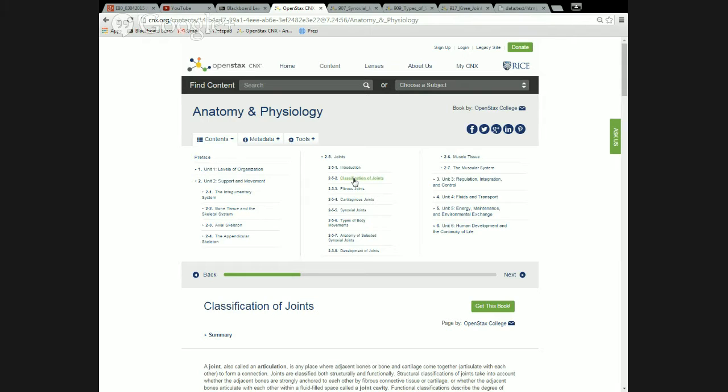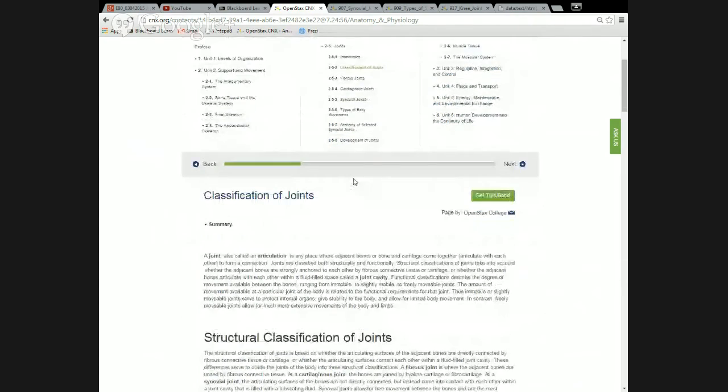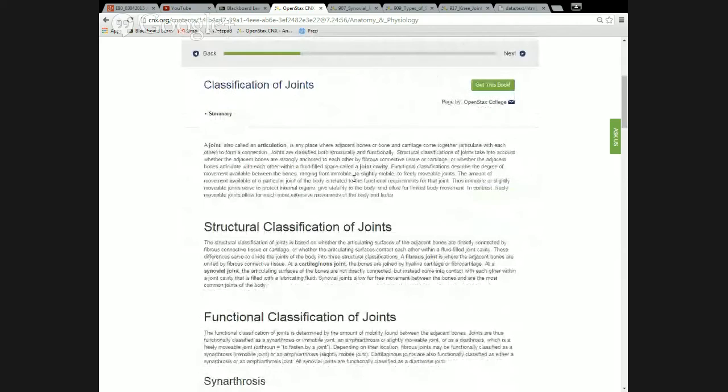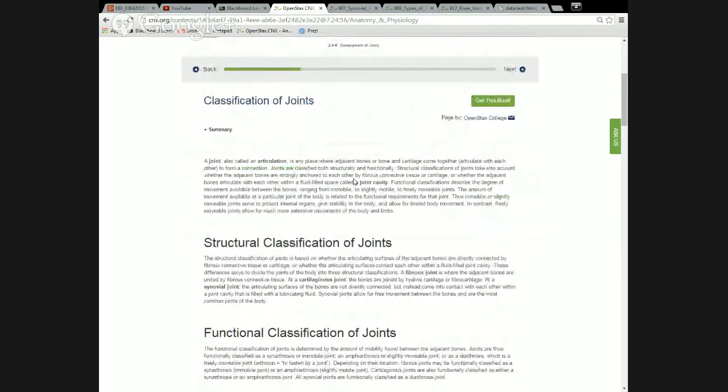So looking at the classification of joints part here, there are two ways to classify joints, and that's summarized here. You can classify joints structurally or functionally. And I'm going to talk about both aspects of that.